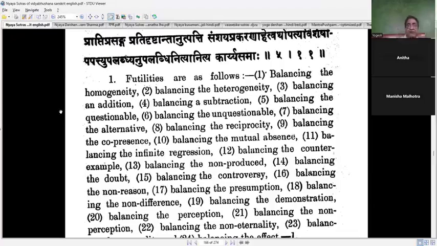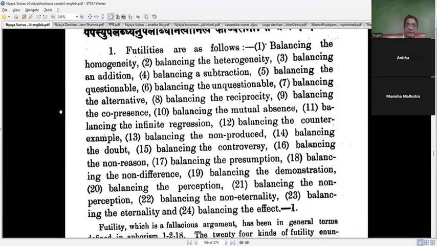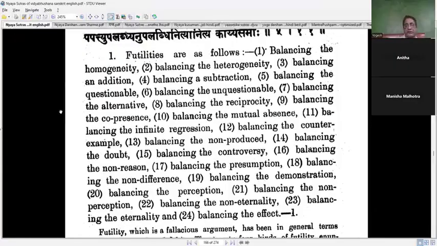So Nitya is first because there is an E ki matra before in Uplabdhi, so you cannot put an A before. That is why Nitya will come first, Anitya will come second. Nitya is balancing the eternality, and Anitya is balancing the non-eternality. So the serial number is a bit wrong here. 22 and 23 are different.